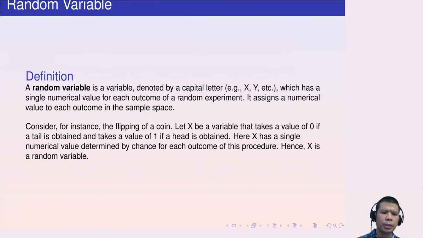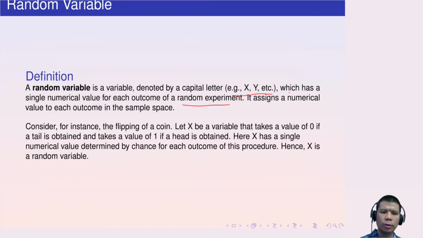Firstly, let's consider what a random variable is. A random variable is a variable denoted by a capital letter, either capital X, Y, or Z, and so on, which has a single numerical value for each outcome of a random experiment.